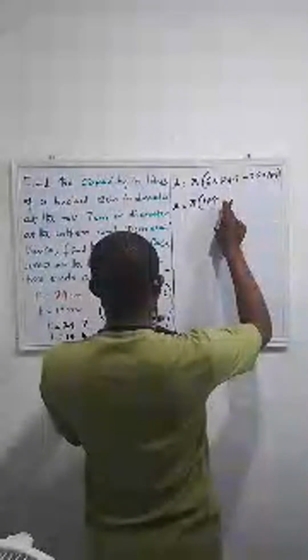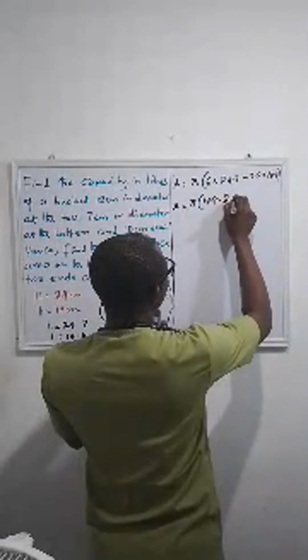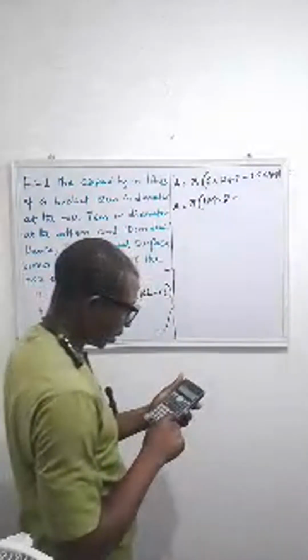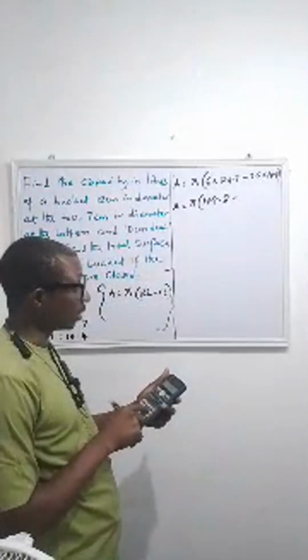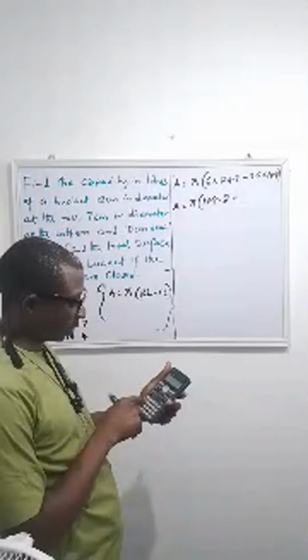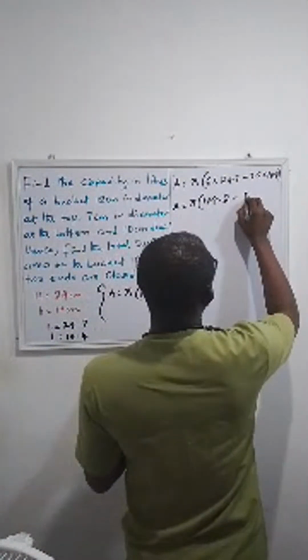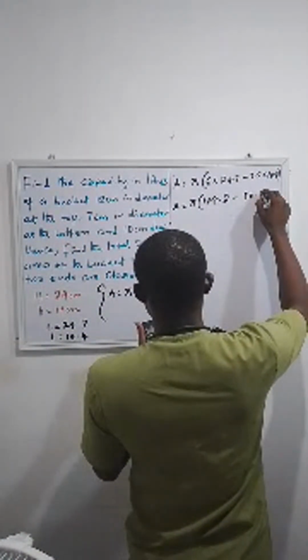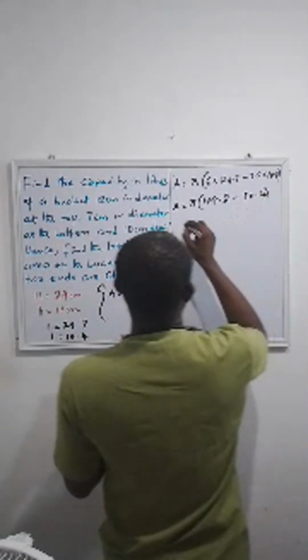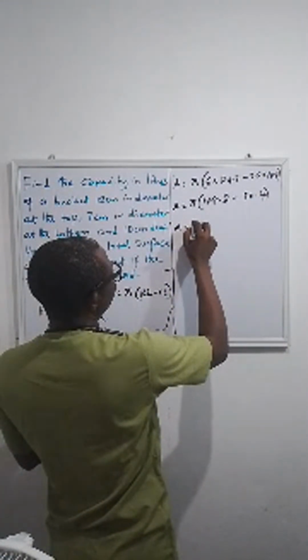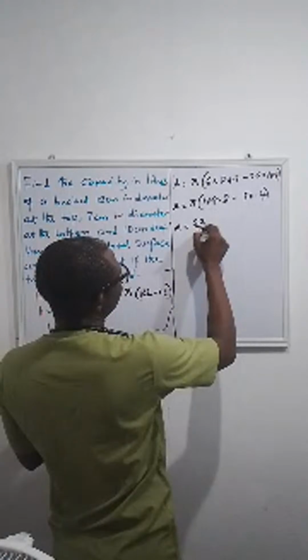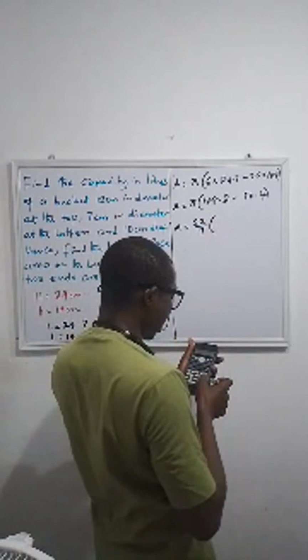So when you multiply that, you have 148.2 minus 3.5 times 14.4. So what do you have? 50.4. All right, so now let's subtract that.